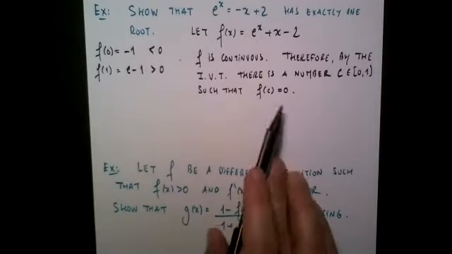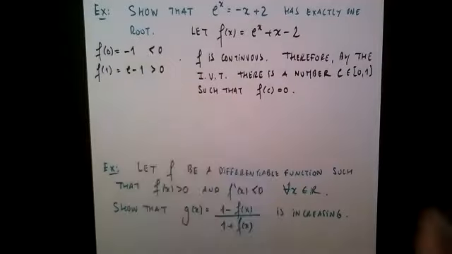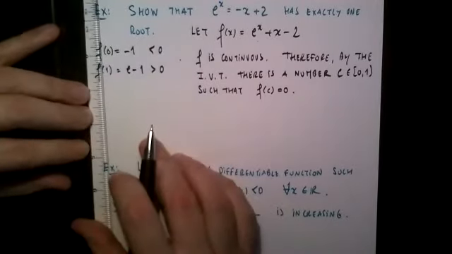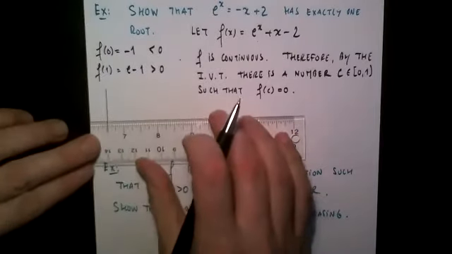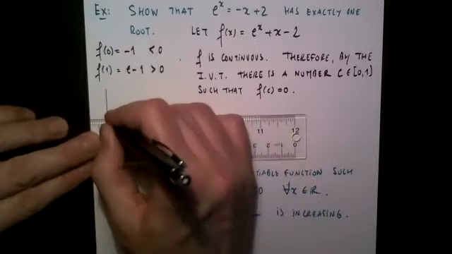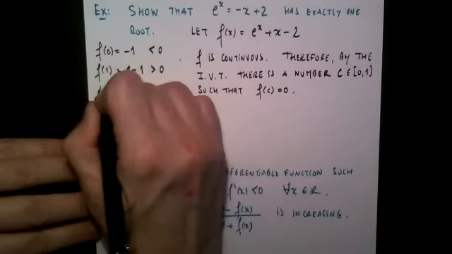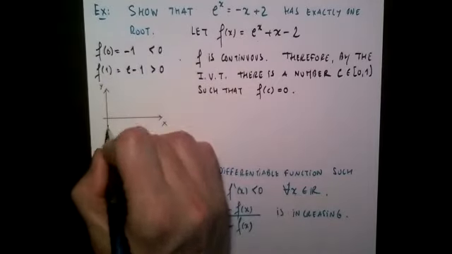But they don't want to show that there's only at least one root. They want exactly one root. Okay, so if I'm to show what's going on here, at 0, it's worth -1.